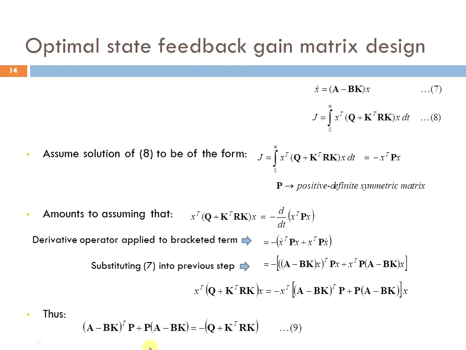So this is basically the equation that characterizes our optimization problem, and it is derived from equation 8 for the performance index by substituting the control law u equal to minus Kx, and making the assumption that the result of this integral is a quadratic expression x transpose P x.